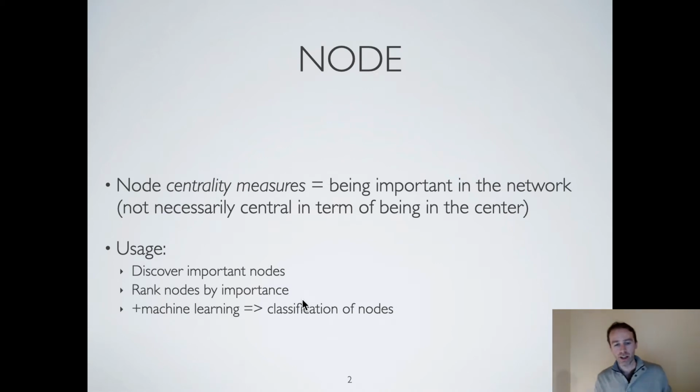And finally, if you're interested in classifying the categories of nodes, for instance, you can use some machine learning techniques based on these centralities to discover some particular roles. So for instance, in a Bitcoin transaction network, if you want to discover users involved in illegal activities, you could compute several centrality measures for all the nodes, and then learn automatically with a machine learning algorithm to predict from centrality scores if a node is involved in illegal activities or not.